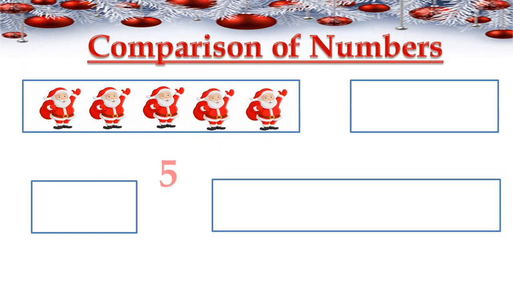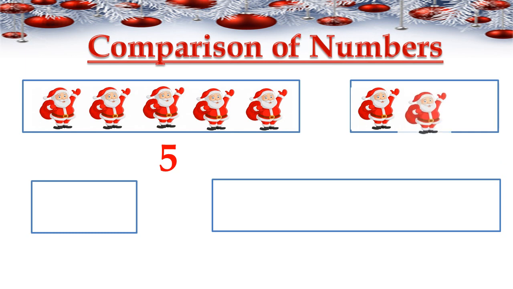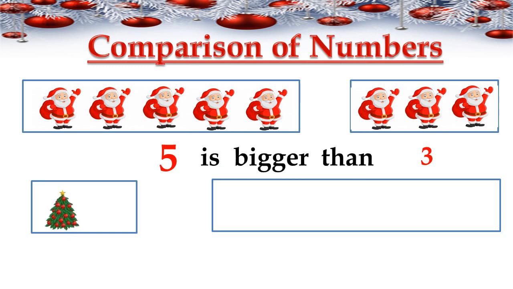There are 5 Santa Clauses. Then see the next box. 1, 2, 3. There are only 3 Santa Clauses. Here, which is the bigger number and which is the smaller number? 5 is bigger than 3. Or we can say 3 is smaller than 5.